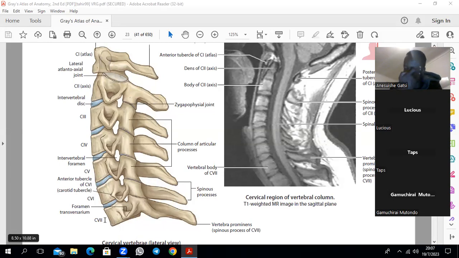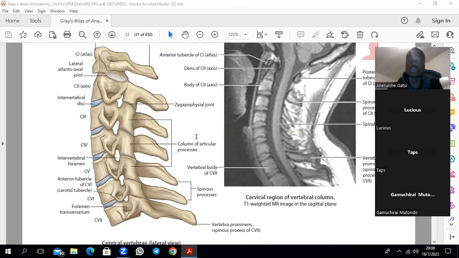And there are things that distinguish cervical vertebra from other vertebra. Before we describe cervical vertebra, there are things that, if you just see on a vertebra, tell you already that this is a cervical vertebra.